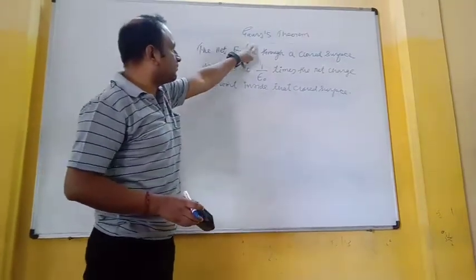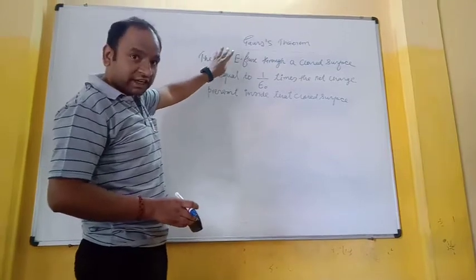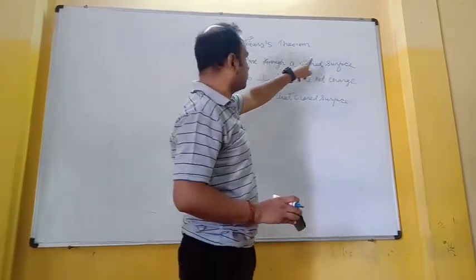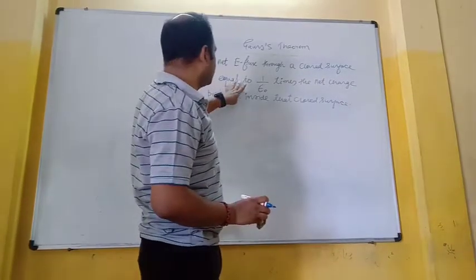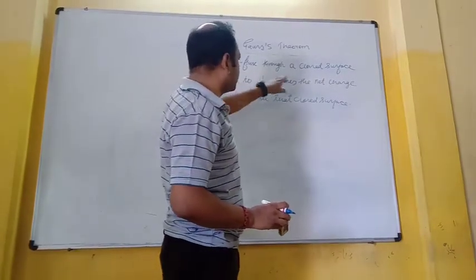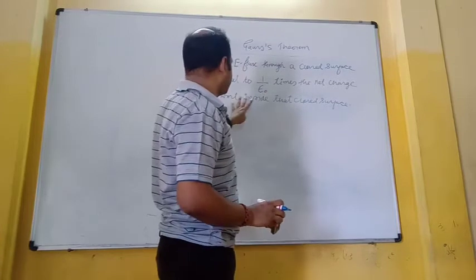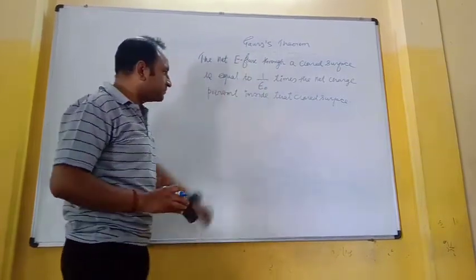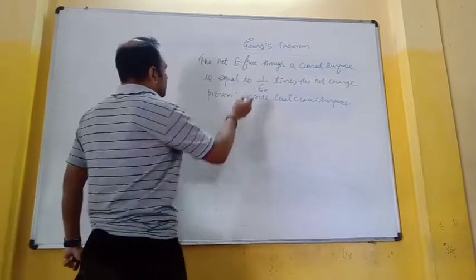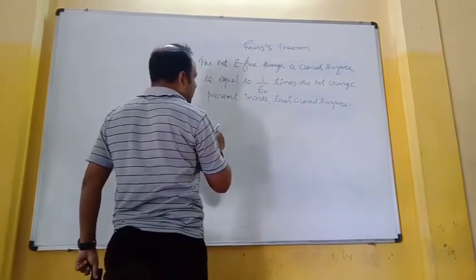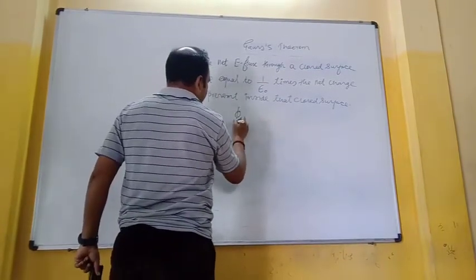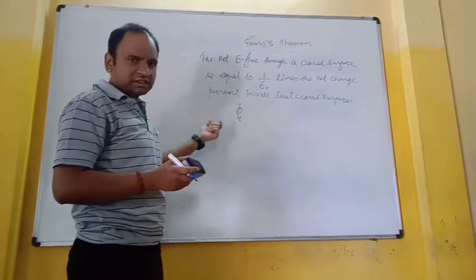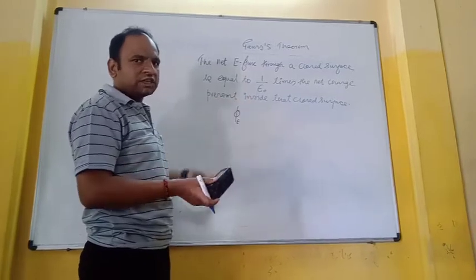The statement is very simple. The net electric flux, why I am calling it net, we will see later. The net electric flux through a closed surface is equal to 1 upon epsilon 0 times the net charge present inside that closed surface. Okay. So if I write it in the mathematical form, phi E is the net electric flux coming out from that closed surface.